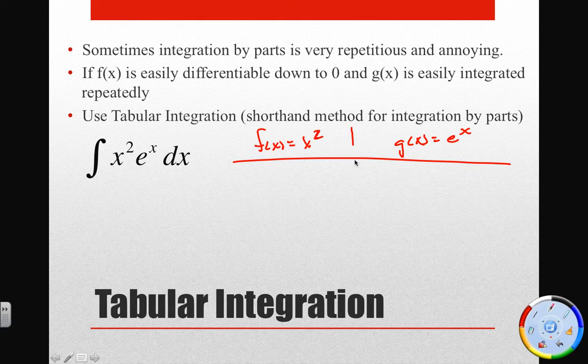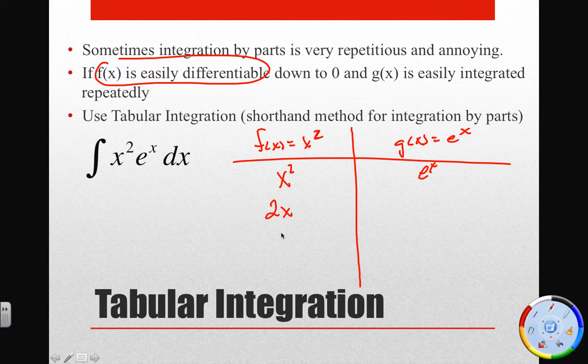Now what we're going to do is create a table. So f of x is x squared, g of x is e to the x. For f of x, I'm saying differentiable, so I'm going to find the derivatives: 2x, 2, 0.